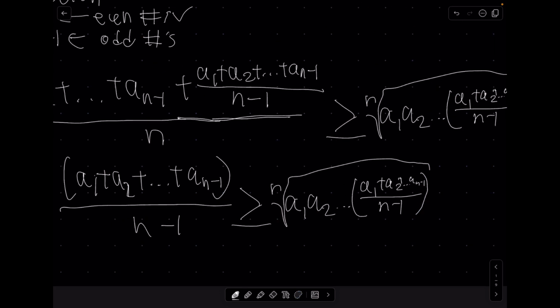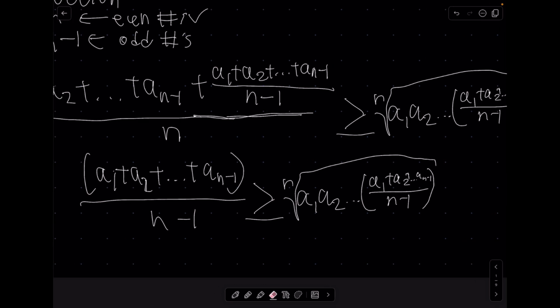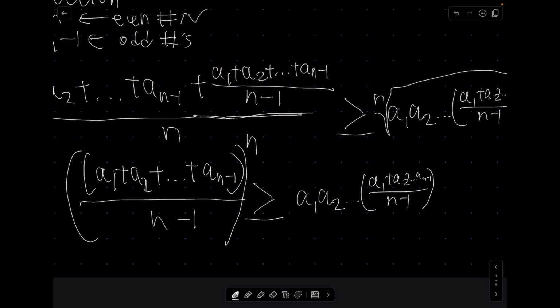Okay. And here, what we can actually do is a bit clever. We can take both sides to the power of n. So that will remove that, and this is now to the nth power. But we can divide this from here, and this is going to turn into n minus 1.